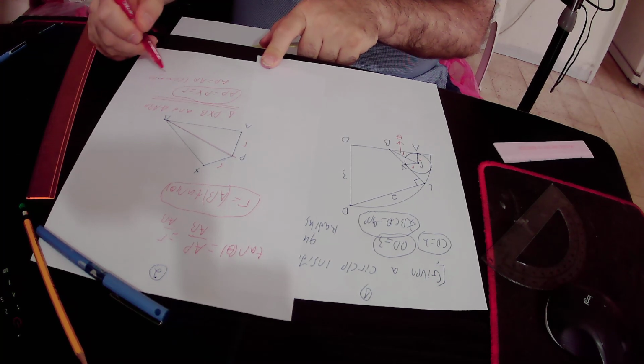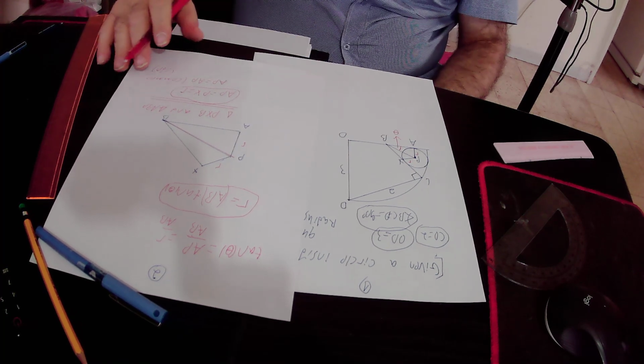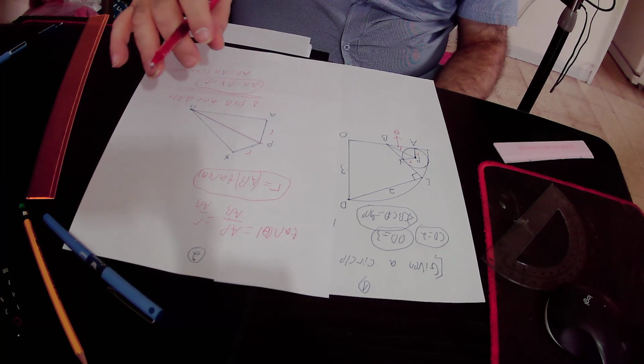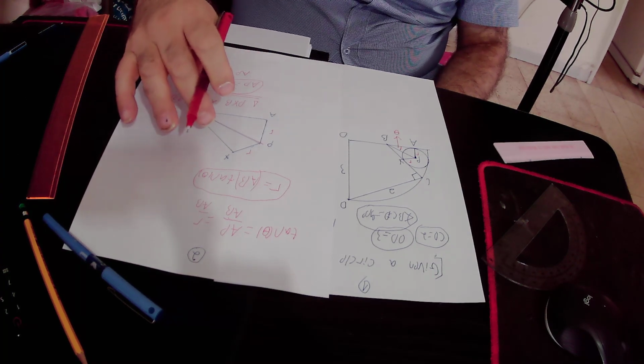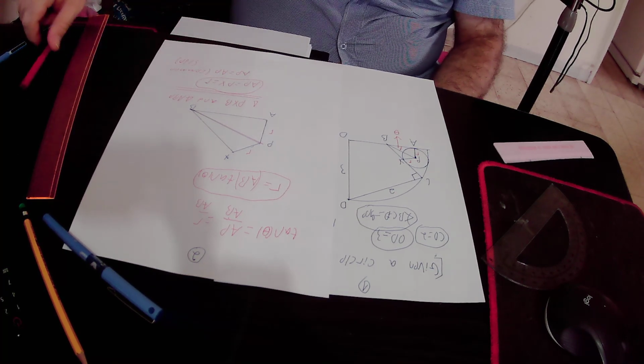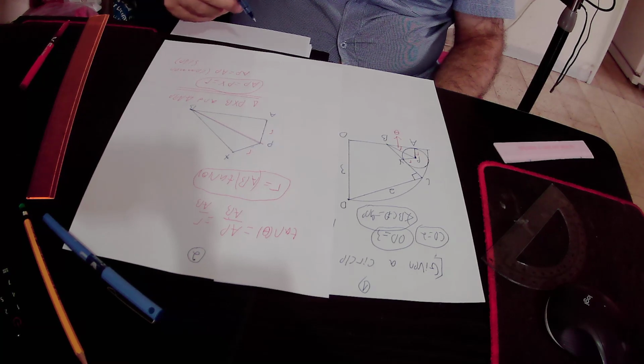Okay, it is a common side, and also AB equals BX. AB equals BX.